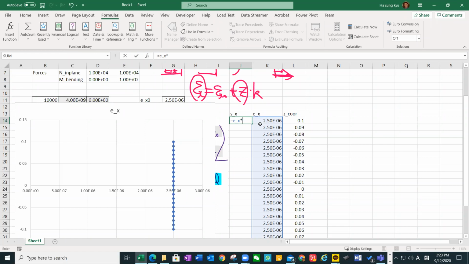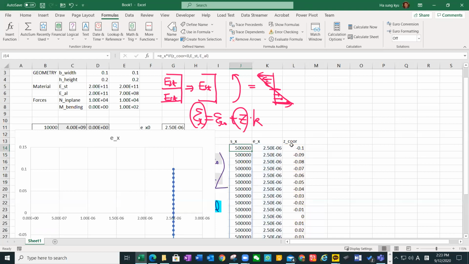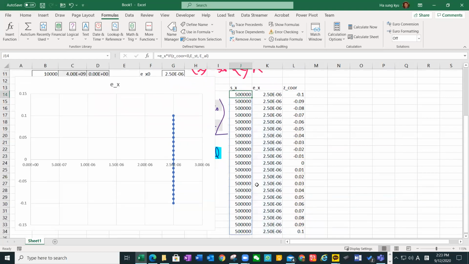But Young's modulus is not constant, it varies through the thickness. So what can you do? Well, if the z coordinate is less than zero, then the material property will be steel. Otherwise, we take the aluminum. So this will be automatic like that.